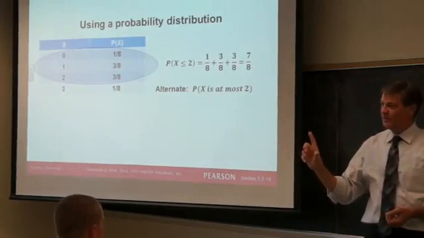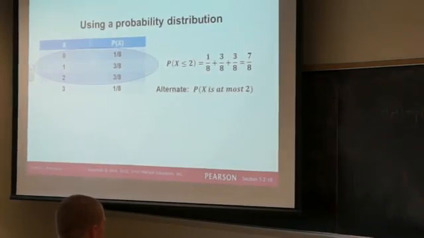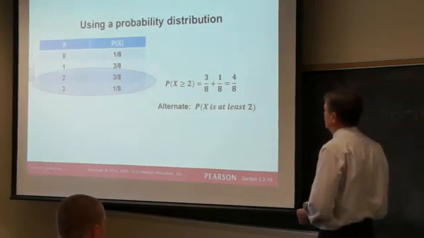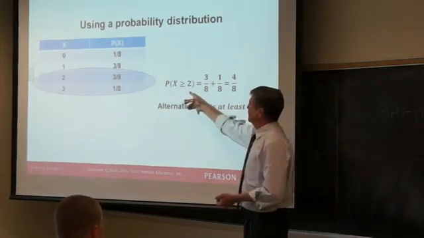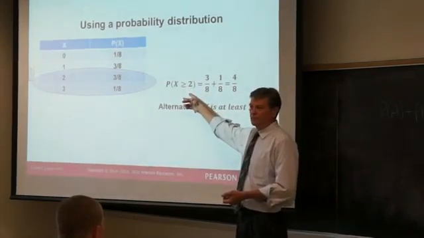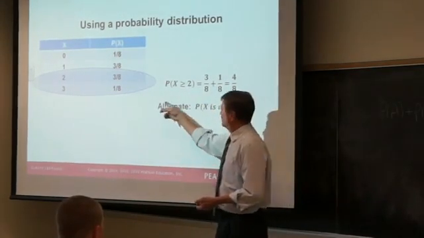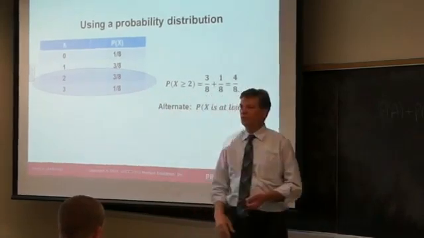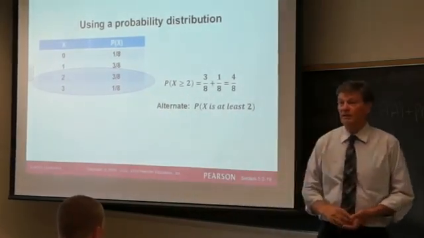Be able to make that translation. At most, less than or equal to. At least? Well, at least would be greater than or equal to. And then I can easily go to the table here. Oh, greater than or equal to 2. That's those 2 rows. Add up the probabilities, and I've got the answer.